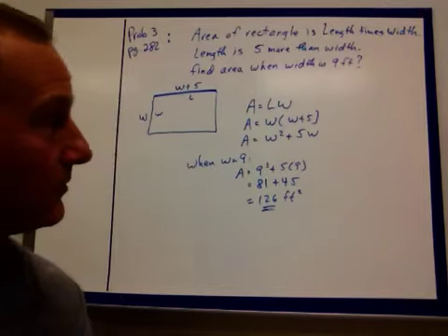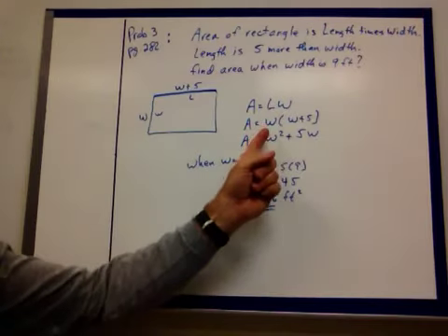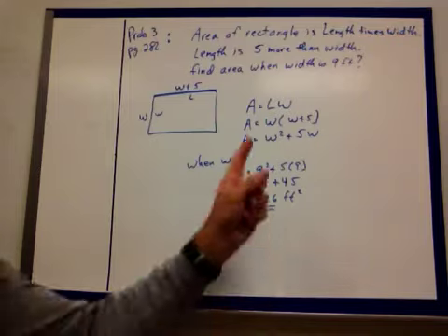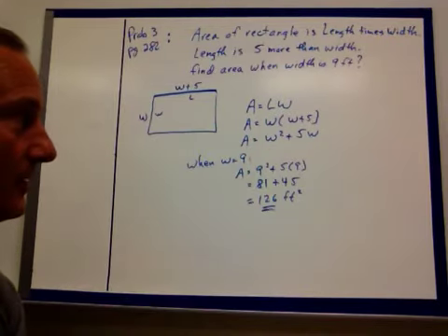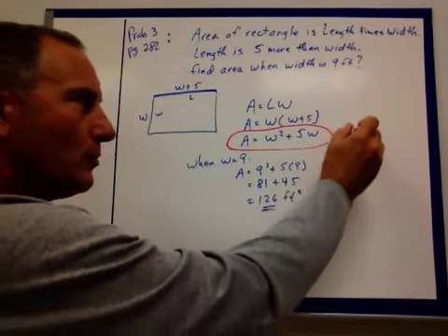So you're going to add 5 to the W. So in terms of W, I now have my area. Length times width will become W times W plus 5. That's length times width. And when you distribute, you get W squared plus 5W. That right there, that's my function rule, okay? That's my rule, my equation.